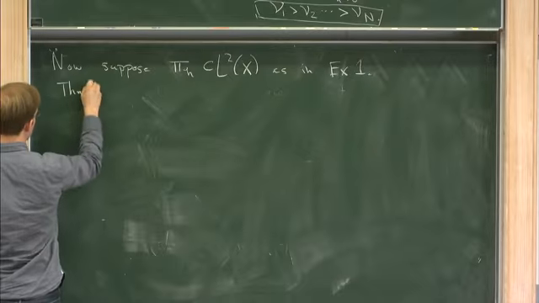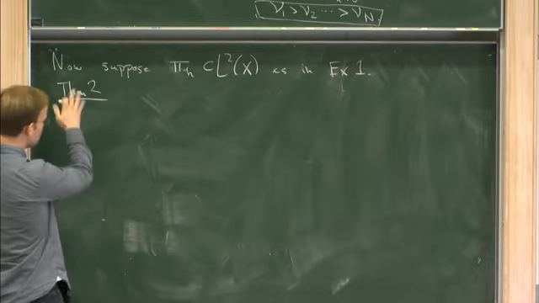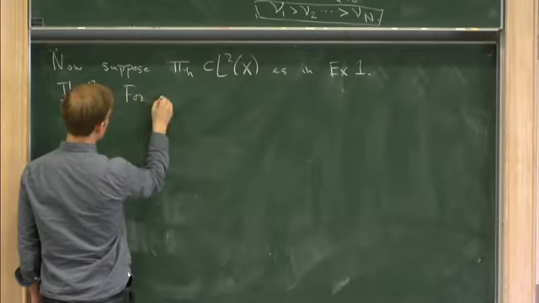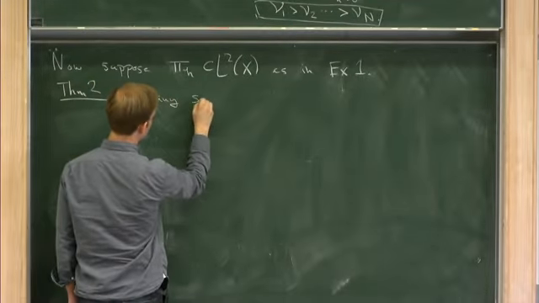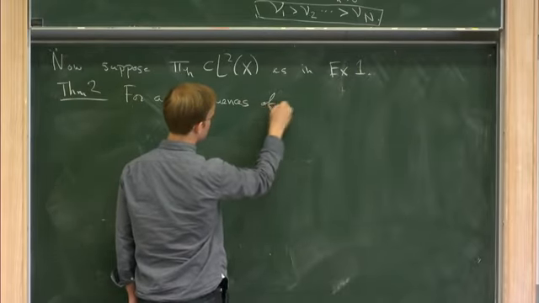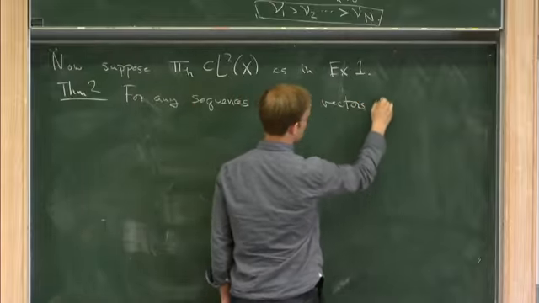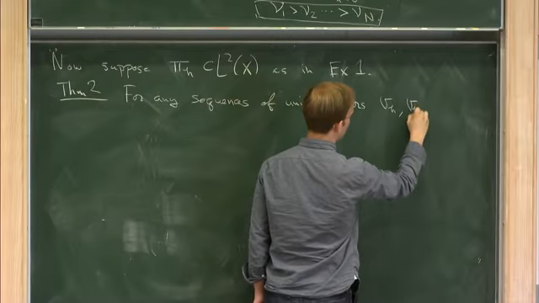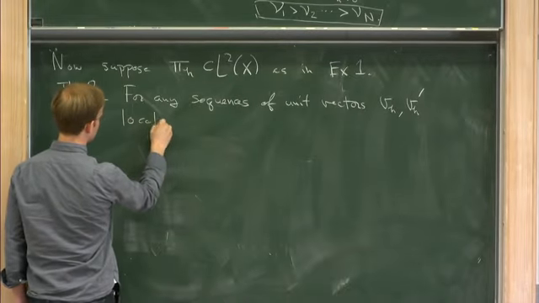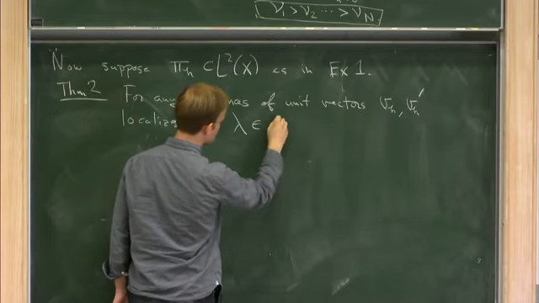So theorem 2 will be entirely tautological, I warn you, but let's write it down. So for any sequences of unit vectors, let's call them v h and v h prime. We'll consider two sequences localized at some irreducible parameter lambda.